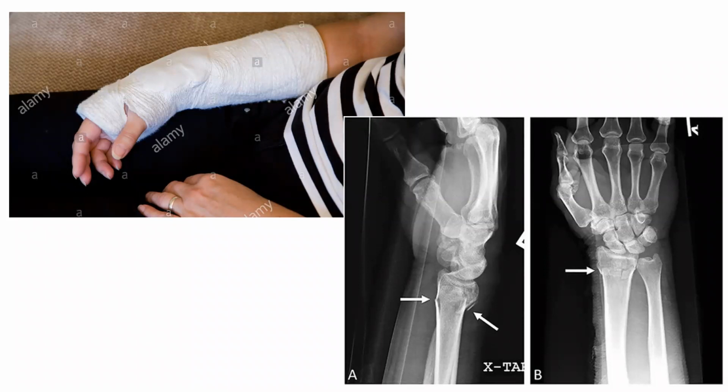So dorsal angulation, what do you see in the anteroposterior view? It's deviated to the radial side. You are right, mild deviation to the radial side. It's not deviated very much, but there's a radial deviation also. So there's a dorsal angulation, radial deviation.